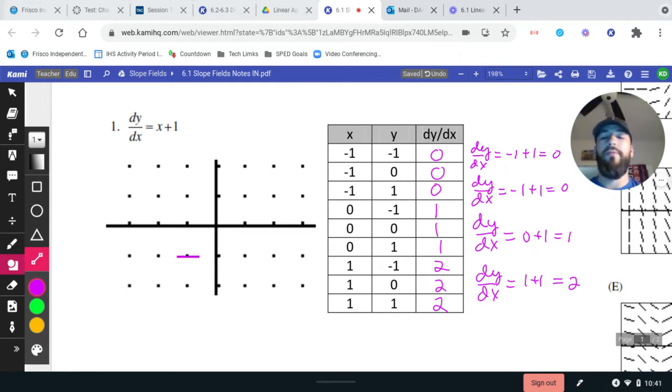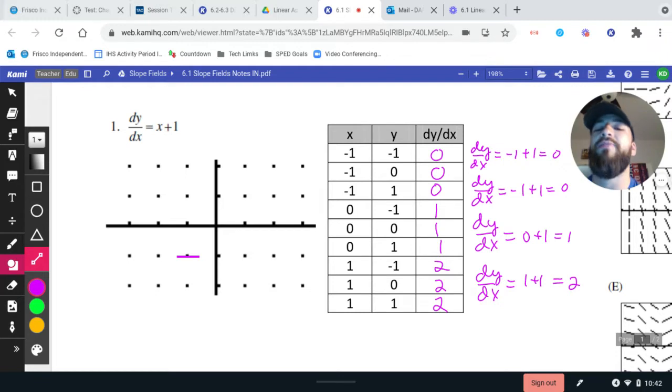Okay, so notice how I didn't draw a full complete line. I really just drew a small line to occupy a little bit of space around that point. That is the point (-1, -1). And what I'm saying is that if a graph was to go through the point (-1, -1), it would have a slope of 0 at (-1, -1).